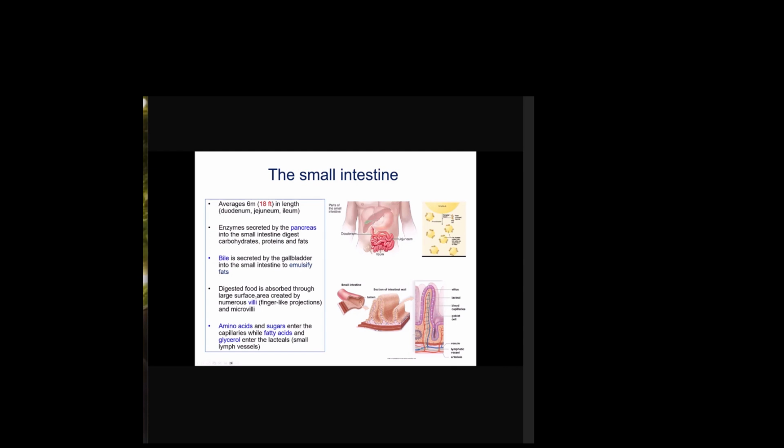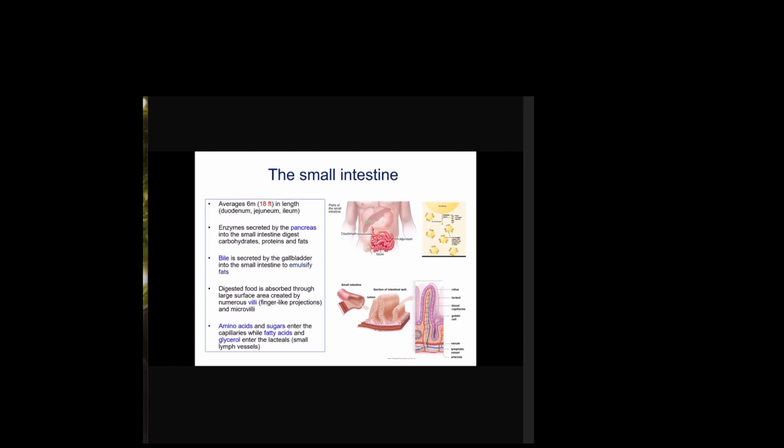As digested food is absorbed through a large surface area made large because of the folded nature of the inside part of the small intestine that forms these finger-like projections called villi. Villus is one, many of them are villi.